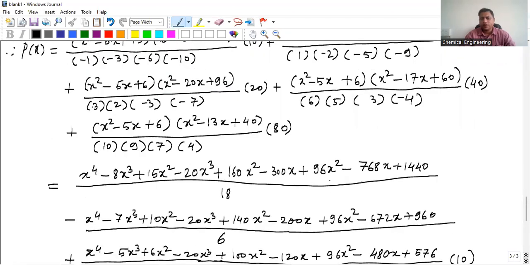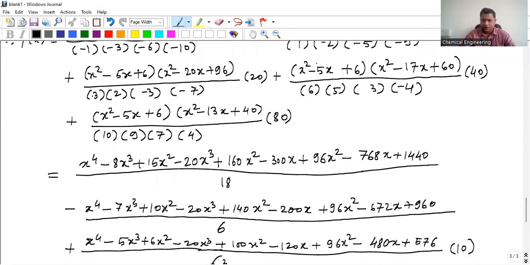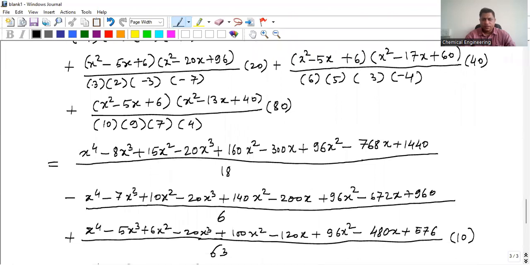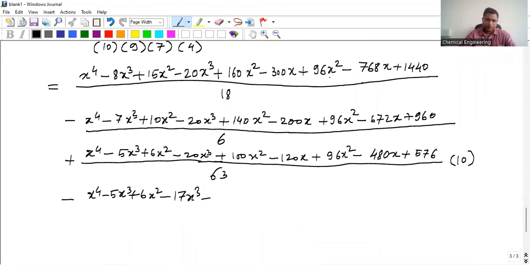Then this will be minus minus plus. So what is the next term we'll be having here? The product of these two. 17 fives, how much do you have? 85. 85x square.